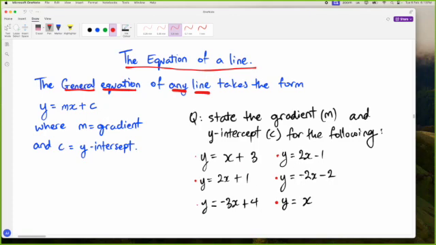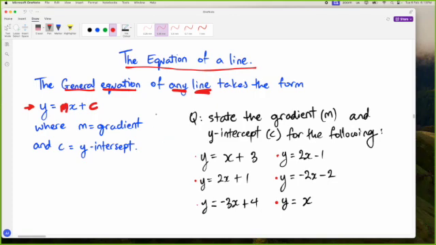But the general equation of any line takes a special form. It takes this form: y is equal to mx plus c. That is the special form that all lines take.